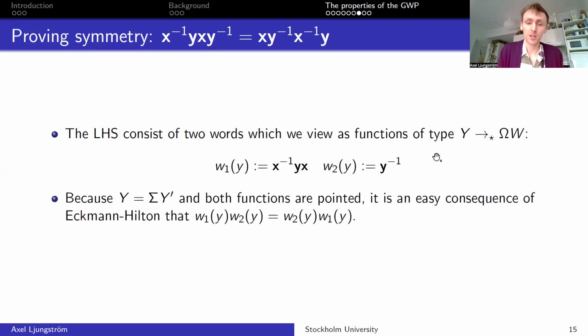So actually these guys are pointed functions going from y into loop space of w. Now, since I made this additional assumption that y was itself a suspension, you can apply the suspension loop space adjunction again, and you actually get from Eckmann-Hilton that these two guys must commute. So Eckmann-Hilton gives us that the word 1, word 2 is the same thing as word 2, word 1.